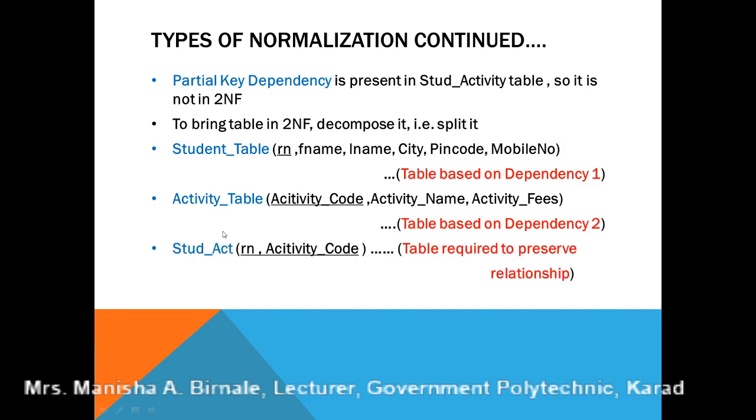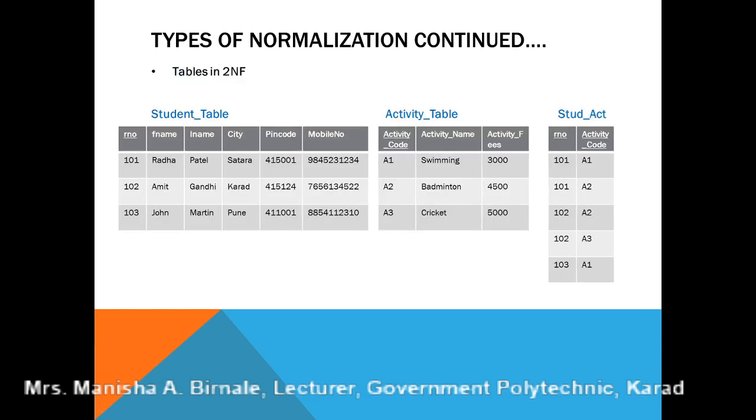So for preserving this relationship, we have to take one more table, a student act table, and it will contain attributes roll number comma activity code. Now the information about which student is participating in which activities is stored in this student act table. So in order to bring the table into second normal form, we have split one table into 3 different tables. So these are tables in second normal form.